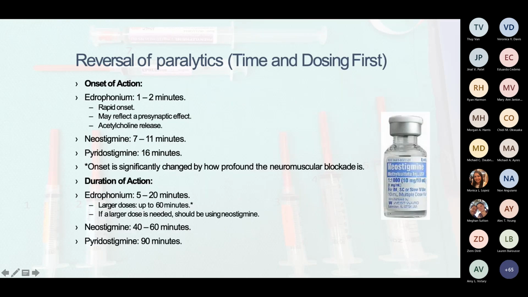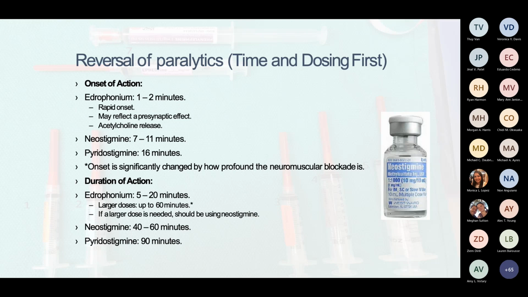As far as the medications go, edrophonium has a fairly decent onset, a minute or two. You may see some acetylcholine release, which may reflect a kind of presynaptic effect, so you may see some almost paralysis-type symptoms with giving it. The onset for neostigmine is a little bit longer. The other thing you have to take into account for all these medications is how significant the neuromuscular blockade is.